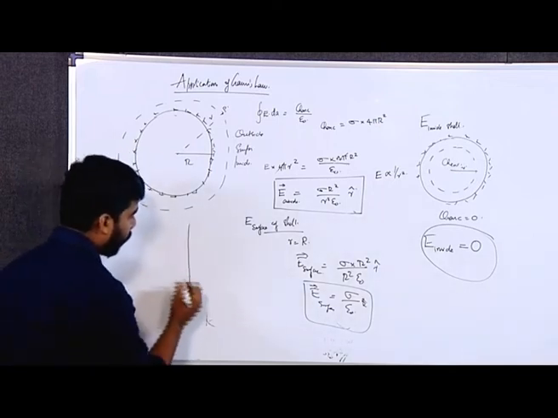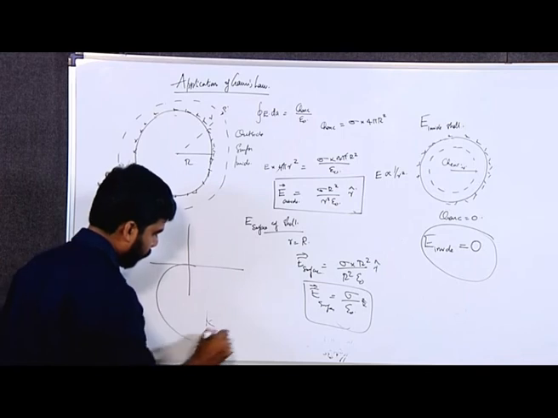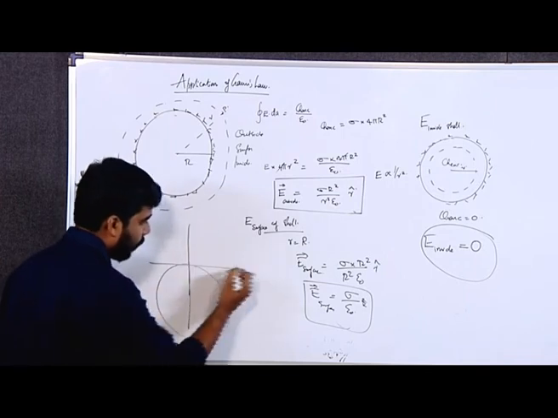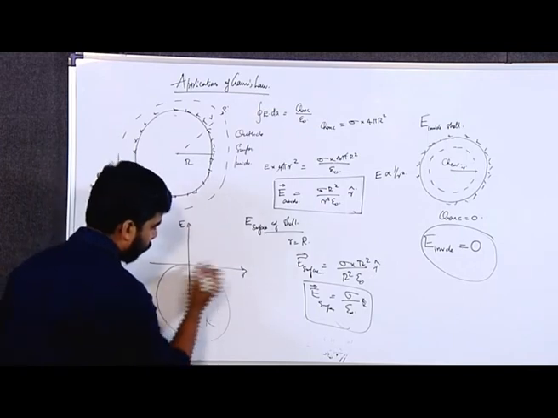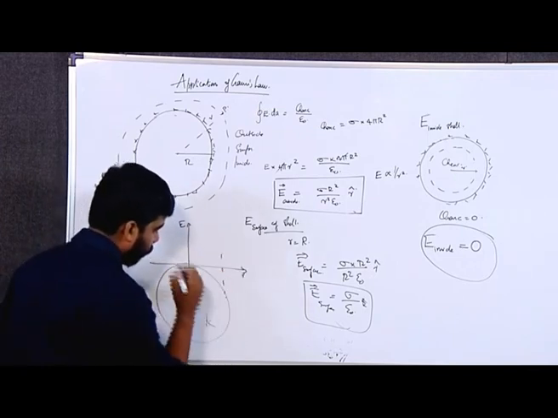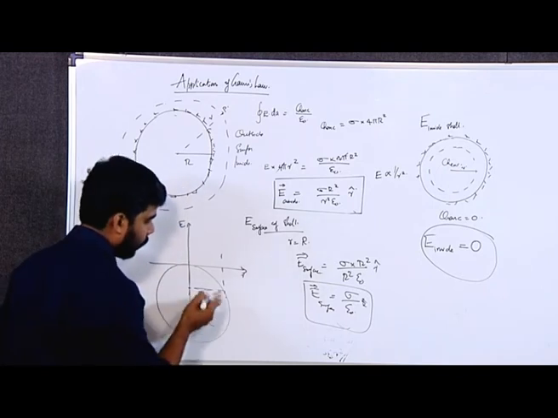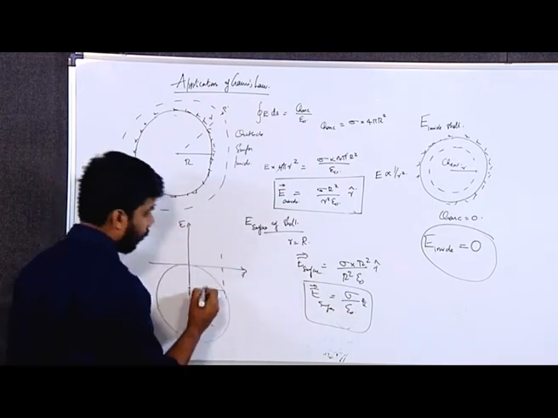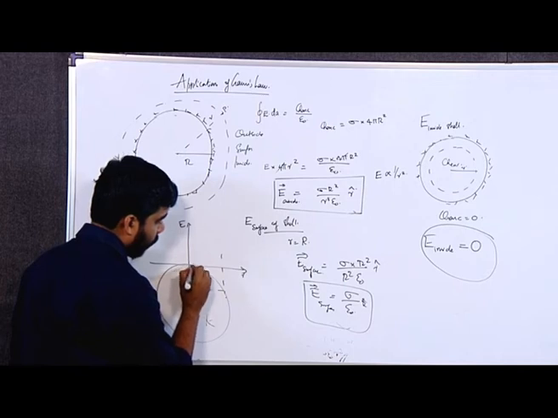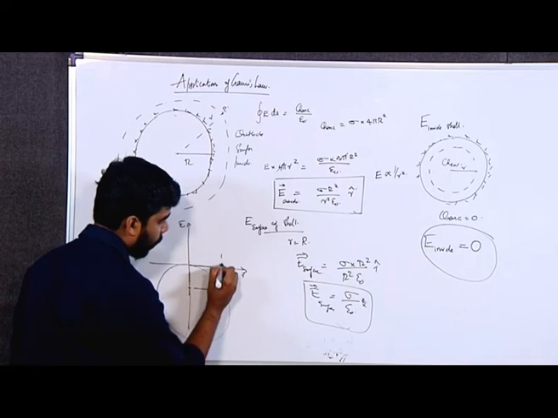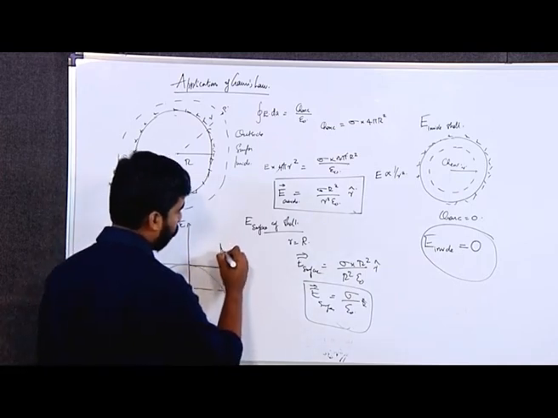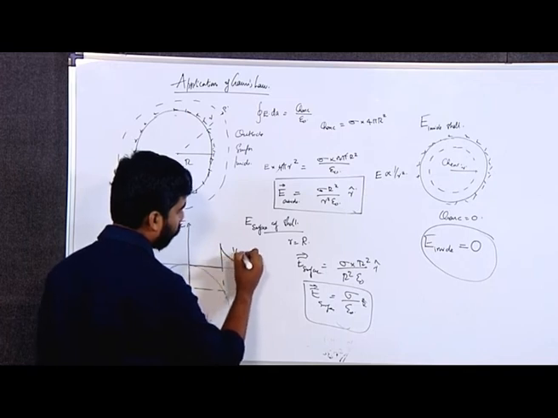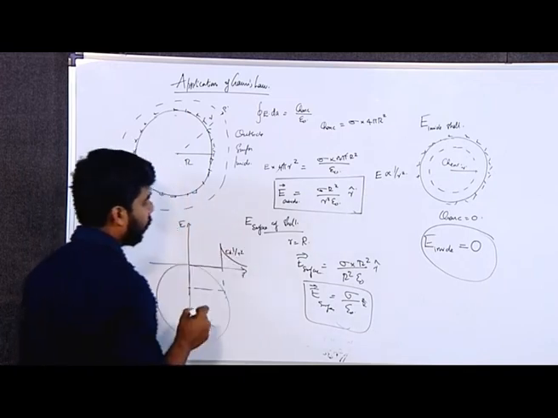So I can draw a graphical representation of this variation of electric field with the distance r. The y-axis is electric field, same as for the cylinder or the sphere, and inside the shell the electric field is 0, then again it becomes a constant, then it varies according to 1 by R square outside the shell.